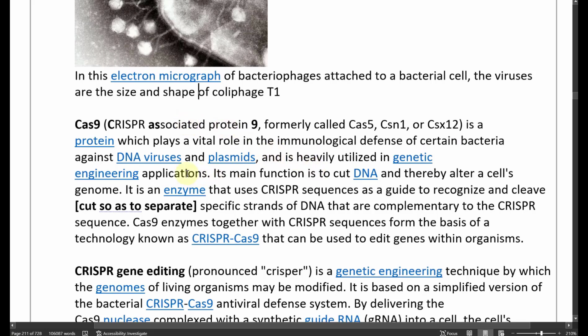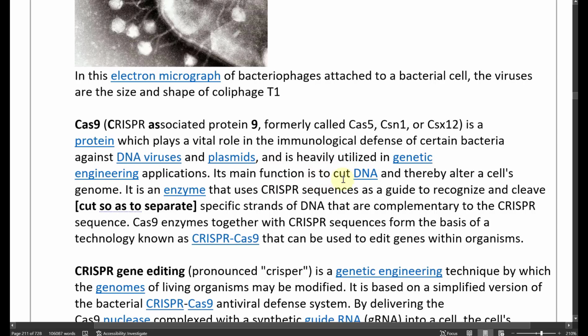Note that plasmids and DNA viruses can have a similar role in this setup. Again, plasmids are just free-floating, circular loops of DNA, and are heavily utilized in genetic engineering applications.